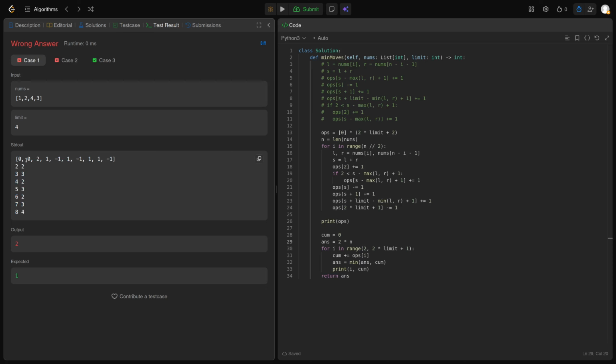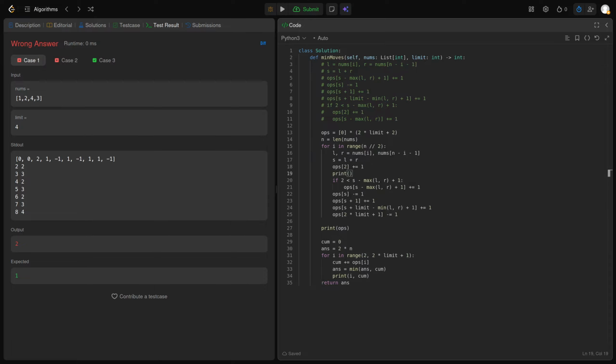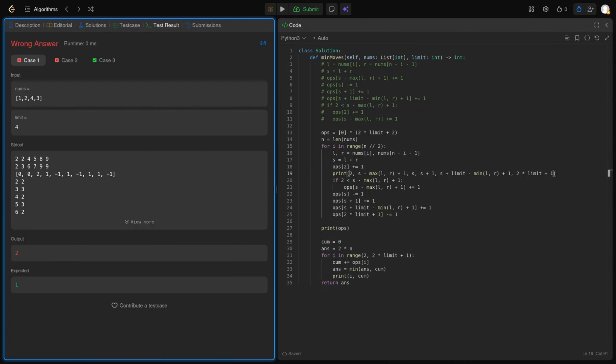So we can make it one operation, we can lower it by 2. Really?